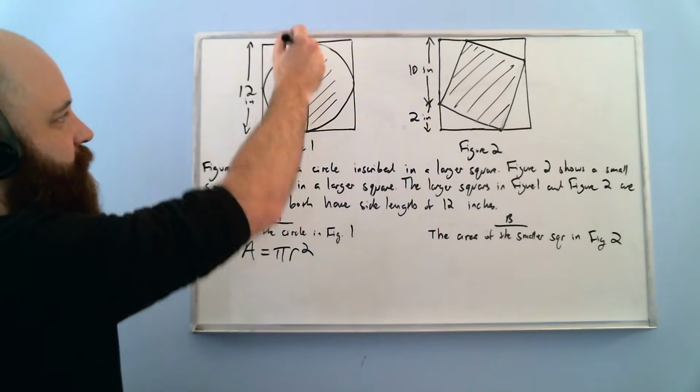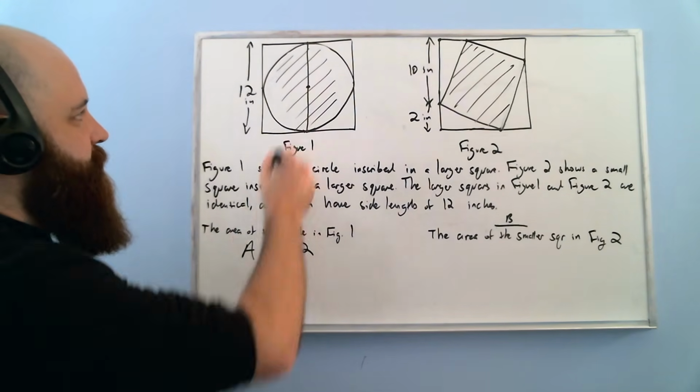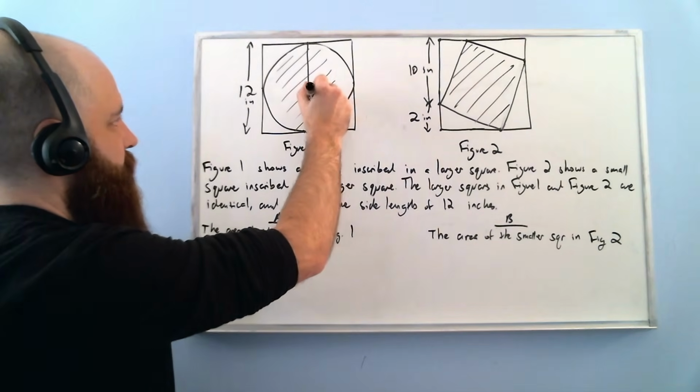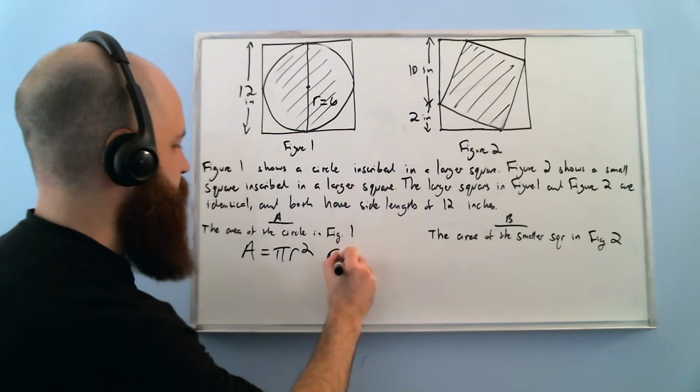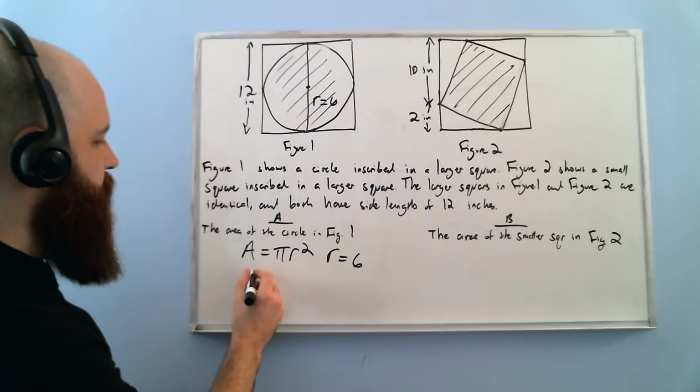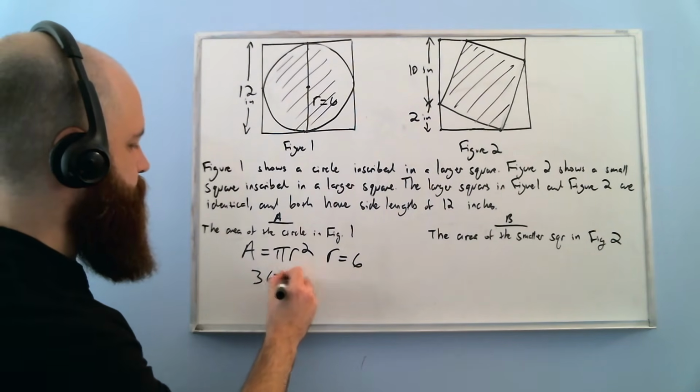A line that goes across the circle cuts through the middle. So that has to have a length of 12. Cut that in half, I know that the radius is 6. Okay, so if r is 6, I can calculate the area, 36 pi.